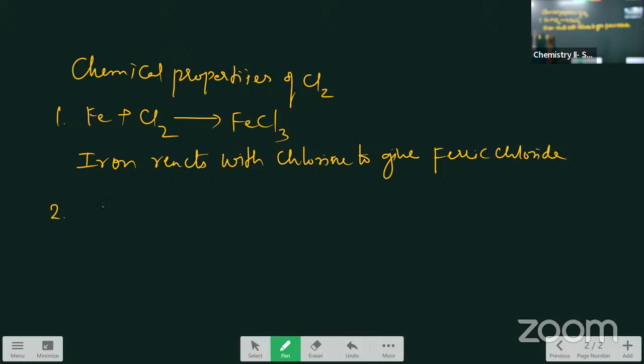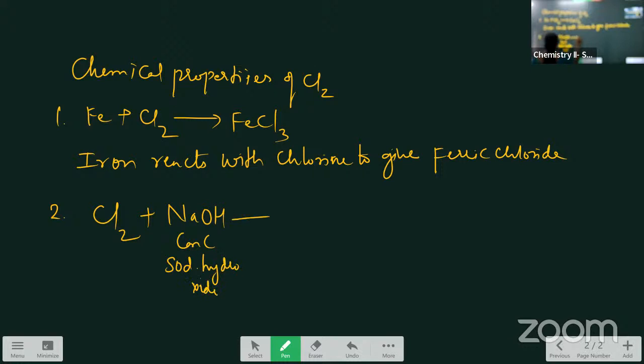The next, Cl2 reacts with concentrated NaOH. The concentration of NaOH is concentrated, so this is concentrated sodium hydroxide. NaOH is sodium hydroxide.